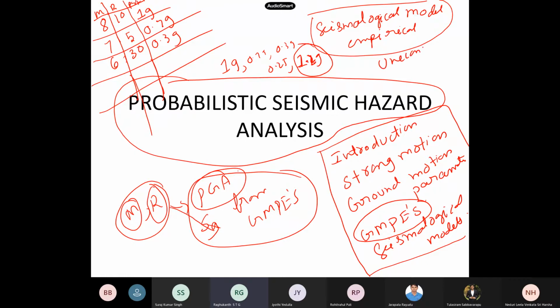So when you design for large values, your building may be safe, but economy-wise it is useless. Suppose you design for the lowest value, meaning no earthquake may occur, that means 0 times G or very, very low values. Then economy may be guaranteed, but safety we are compromising.